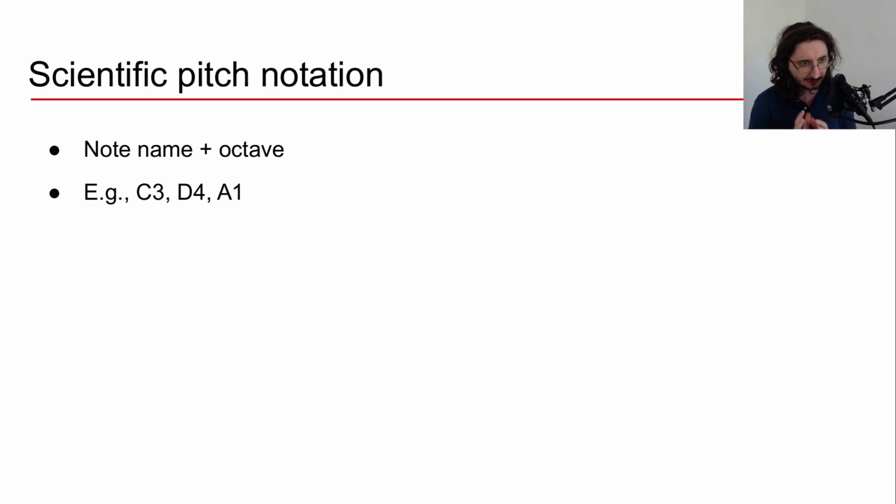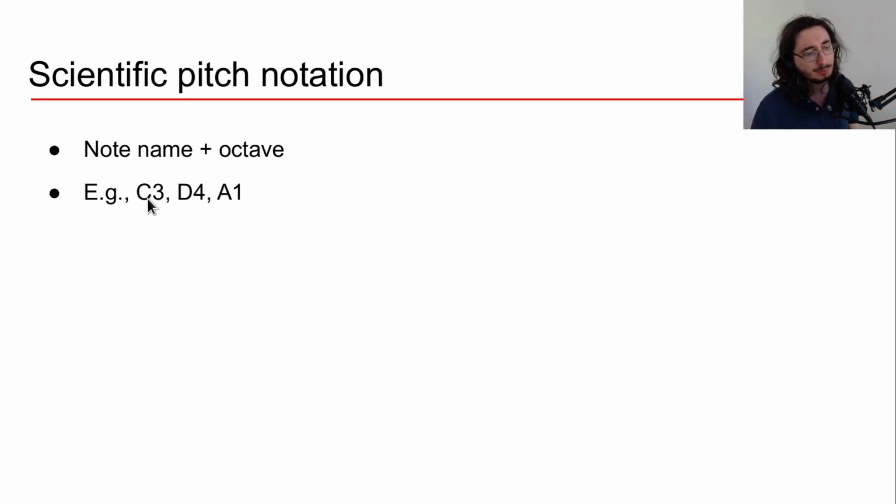In the scientific pitch notation, we have two elements to identify a note. One is just the note name, so C, D sharp, F sharp, G, for example, and then we add a number which indicates the octave we are currently in.